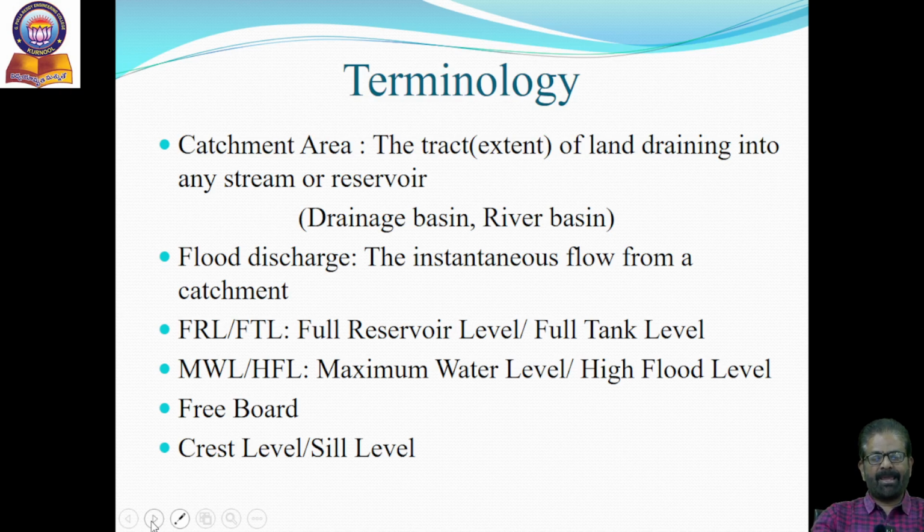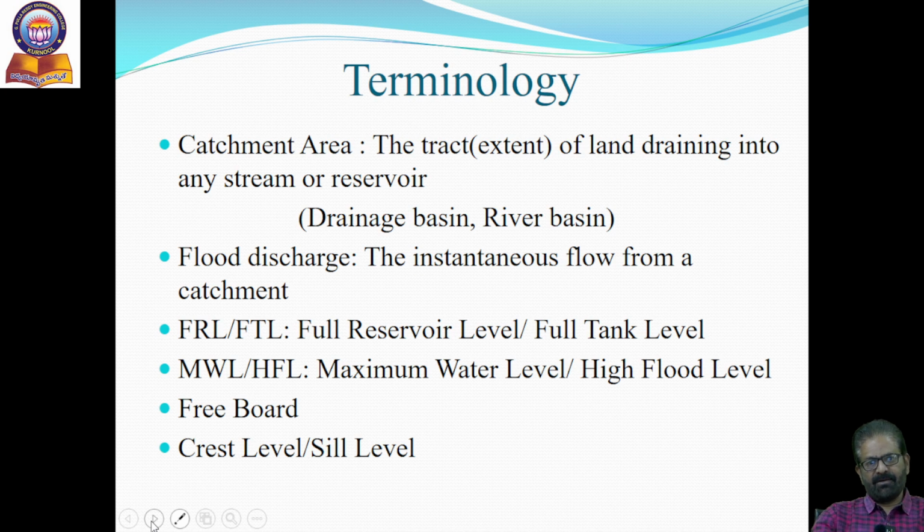That is called catchment area, generally expressed in area units like hectares, square kilometers or acres. It may also be called a drainage basin or river basin. More or less all are giving the same meaning: catchment area or drainage basin or river basin, to be expressed in terms of square kilometers, right? That is called catchment area.